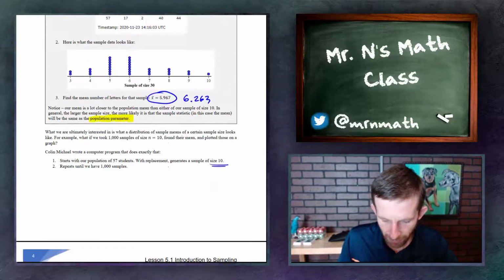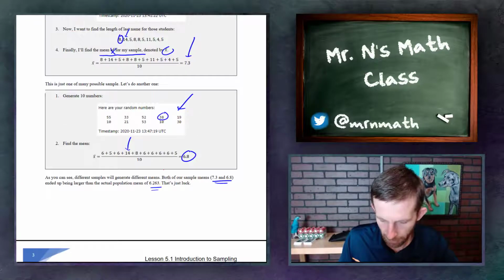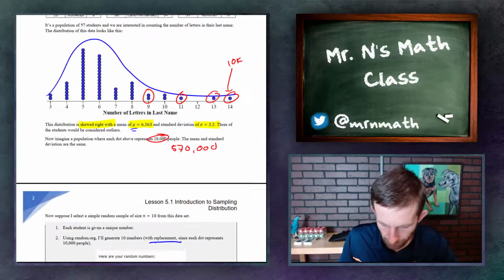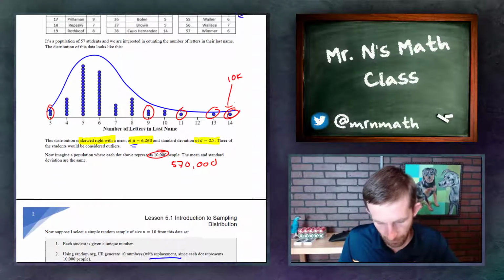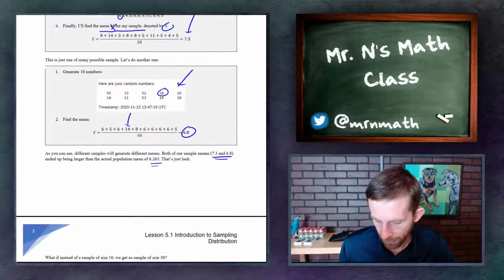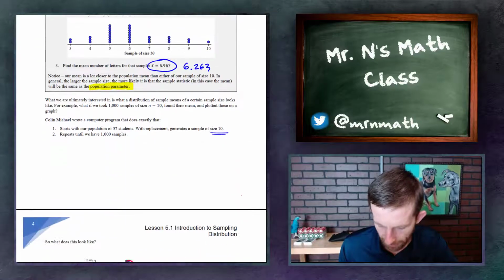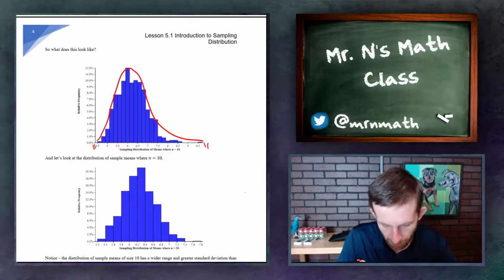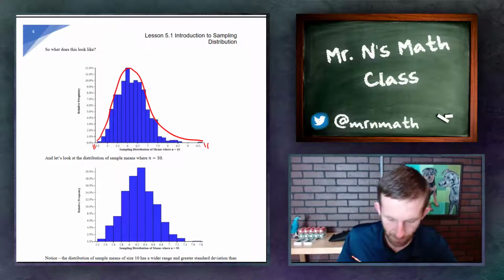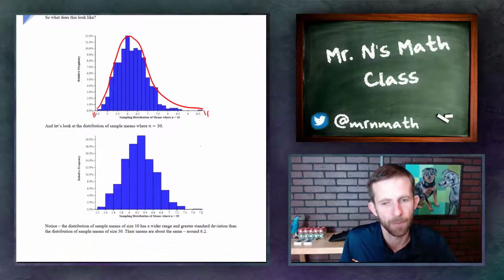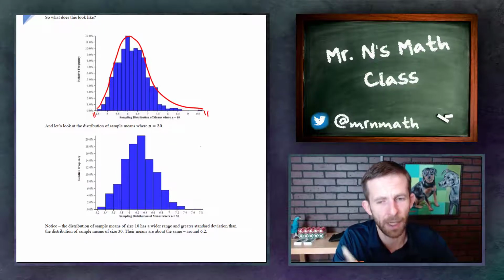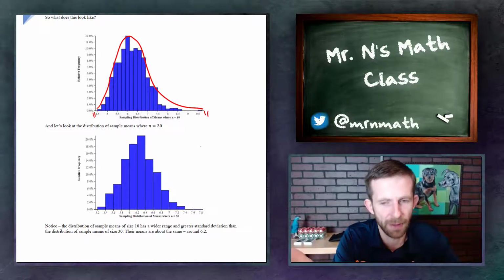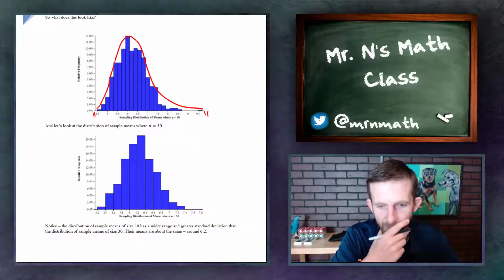Our actual population goes from 3 up to 14. When we did 1,000 samples of size 10, we ended up going from roughly 4.5 to 9.5. This is a sample of size 10. I find the mean. I do that again and again until I have 1,000 of them, and then I plot all of it.